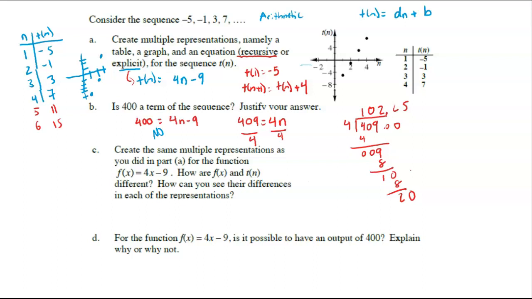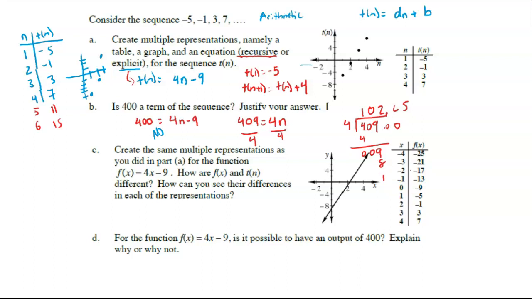Okay, so how are f of x and t of n different? Well, first off, I'm going to take away part of our long division, which should already be on your paper.